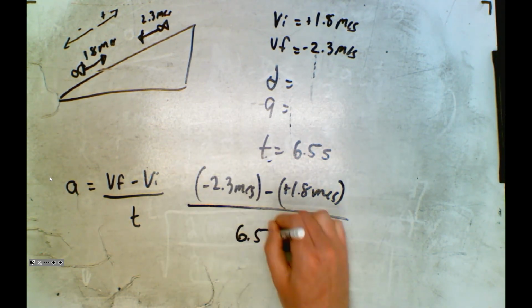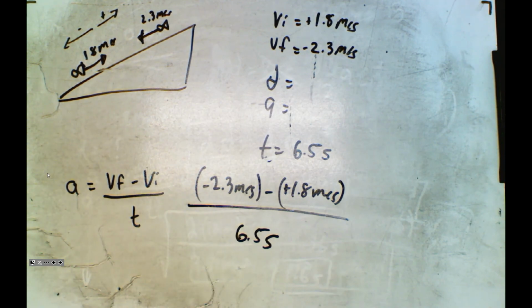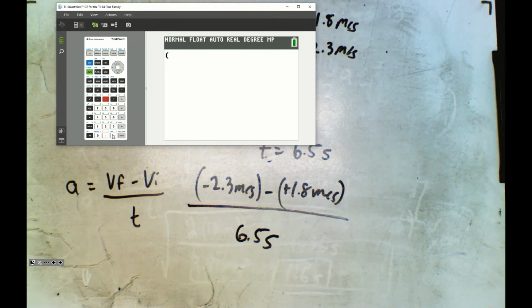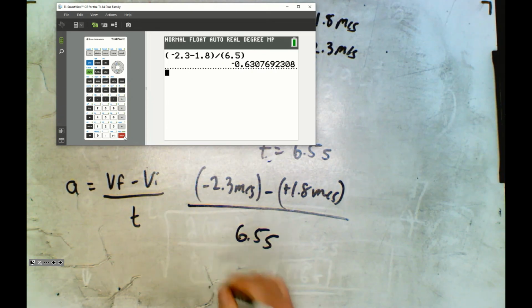I divide it by a time of 6.5 seconds, and when I type this into my calculator, negative 2.3 minus 1.8 divided by 6.5, I get an answer of negative 0.63.